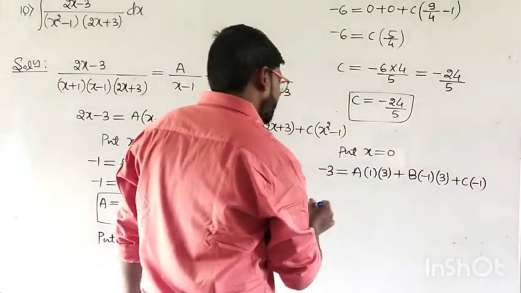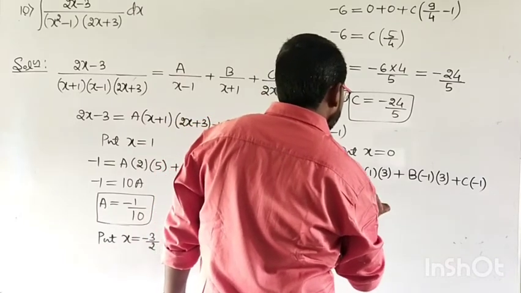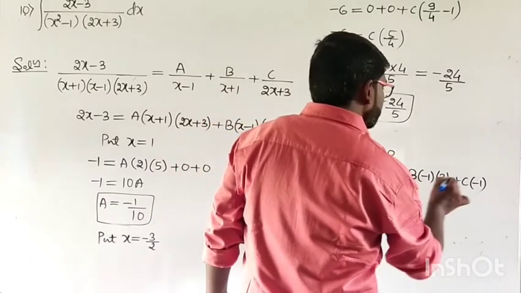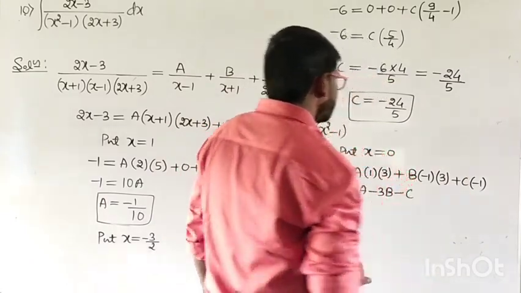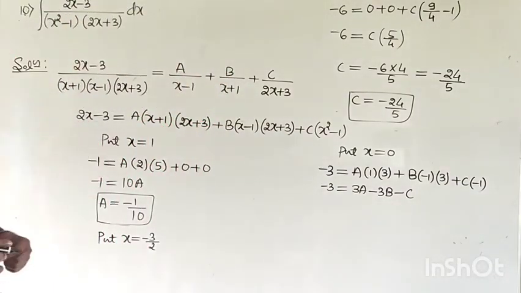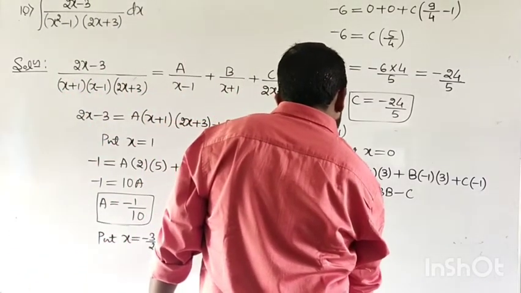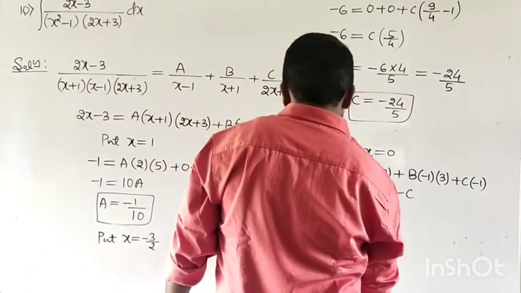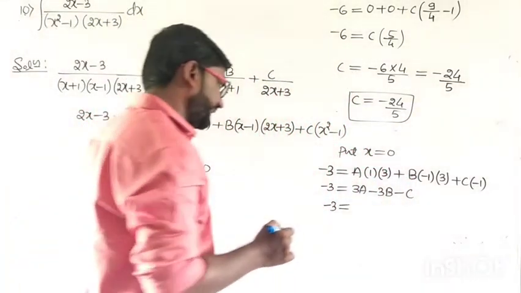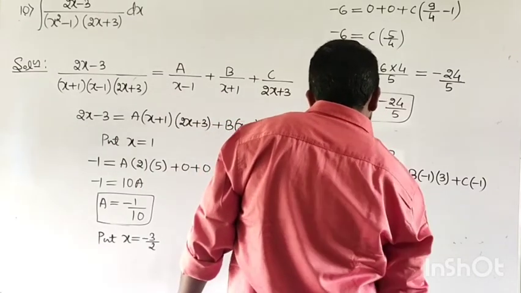Let us simplify this now. Minus 3 is equal to 3A, then minus 3B, then minus C. So substitute the values now. We know the value of A and C. Minus 3 is equal to 3 into minus 1 by 10, which will be minus 3 by 10.